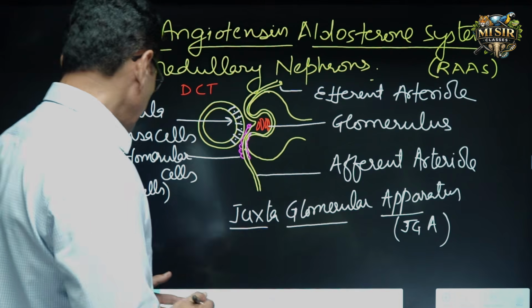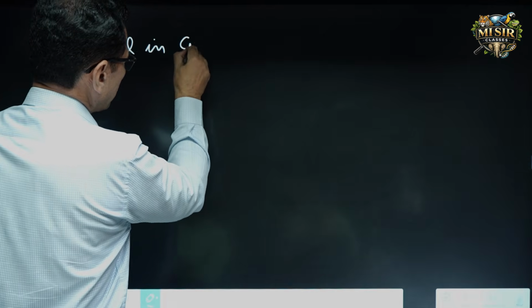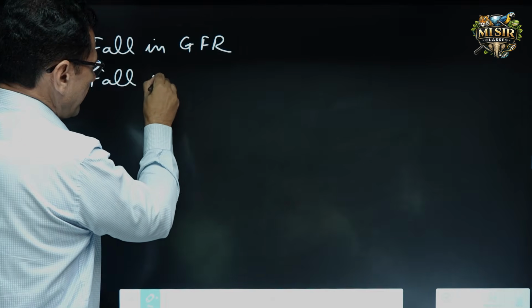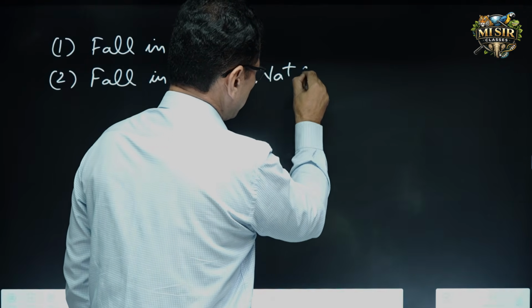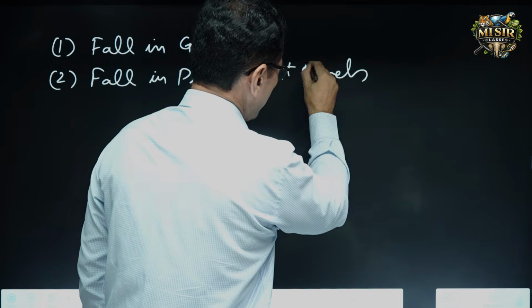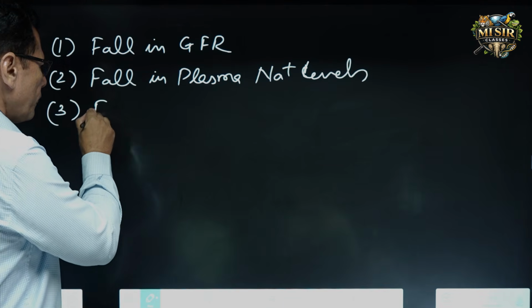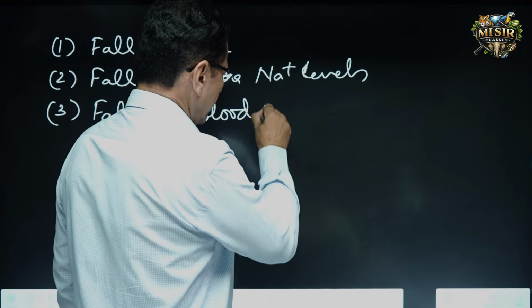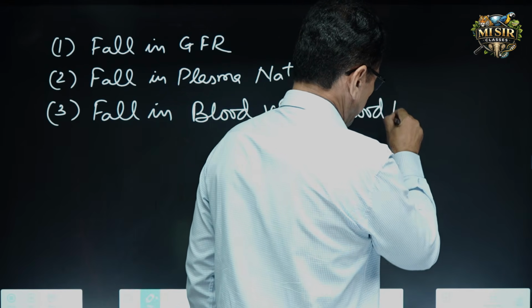In this situation, I am going to mention over here: number 1, a fall in GFR; number 2, a fall in plasma sodium levels; number 3, a fall in blood volume or blood pressure.